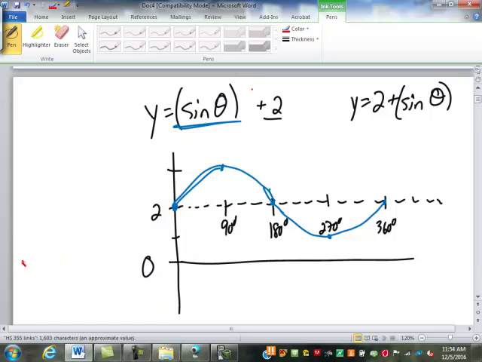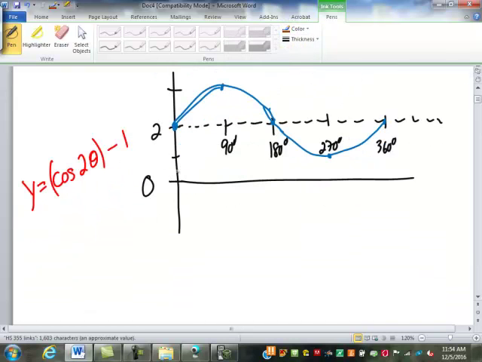I could have y equals cosine of 2 theta minus 1. Again, I'm going to emphasize that minus 1 is outside. So what this is telling us is our axis is not going to be at 0, it's going to be at -1.